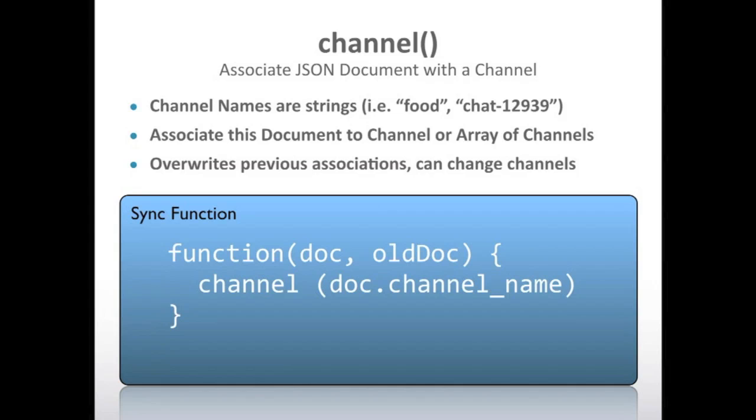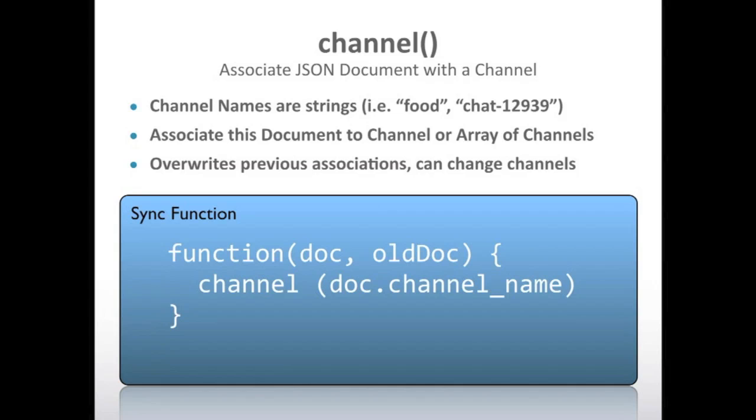It'll also overwrite any previous association. So if you're resaving the same document and changing the channels it's on, because you have a new list of channels here, from that revision going forward it will be in the new channels and not the old channels if you change those names.